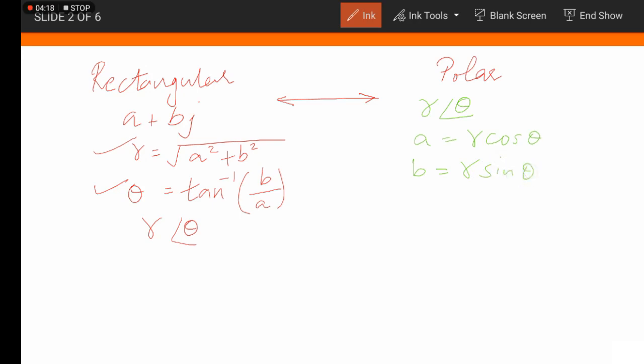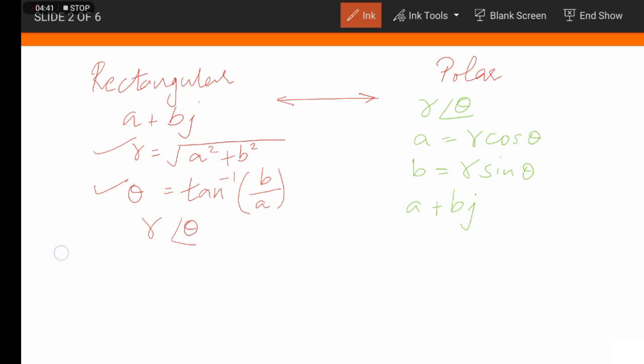So now you have a and b, so you can very well convert it into a plus bj. Remember, in maths we represent imaginary by i, but here when we study electrical engineering, we represent imaginary part by j. Fine. So it would be better if we take a small example.